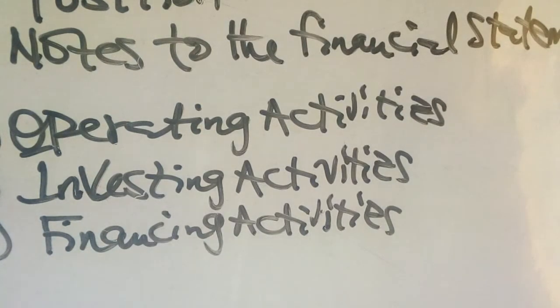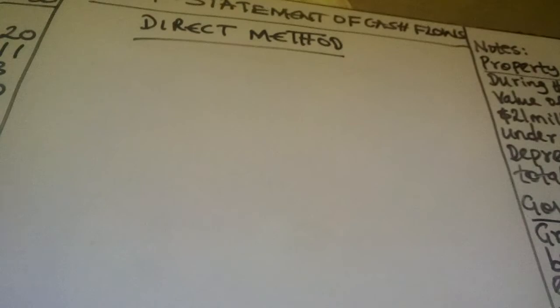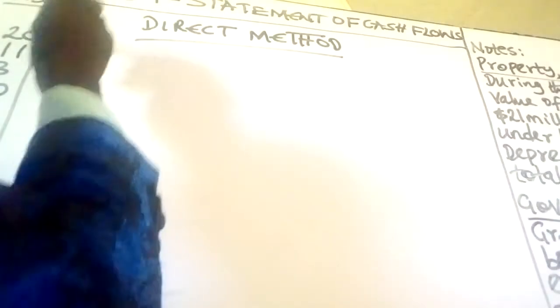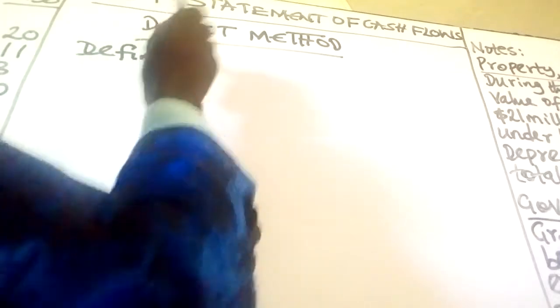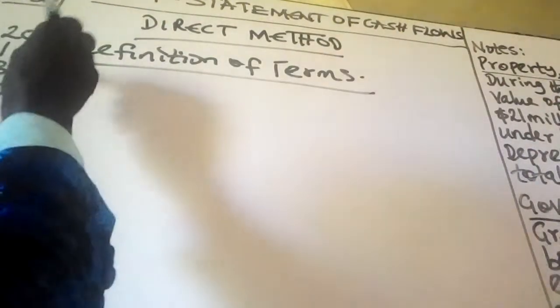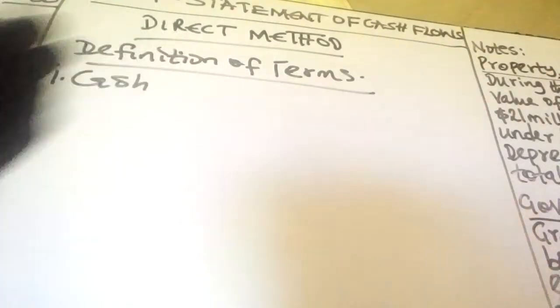Definition of terms. Number 1 term I'm going to examine is cash. What do we mean by cash?